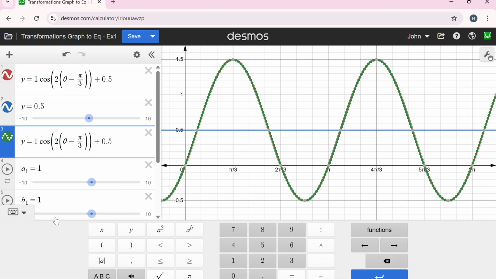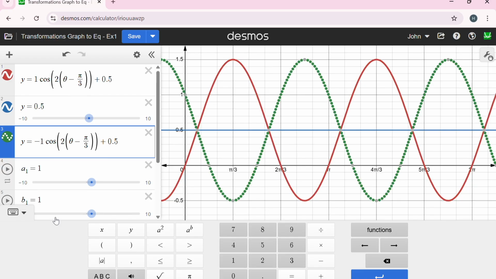And then for a negative a value, so a is less than 0, so a equals -1, you can see that it's reflected across the sinusoidal axis. What phase shift do I have to make the two graphs match, right? Remember, we're changing the a value to -1, and the b value and the d value stay the same. So we're looking at the horizontal phase shift.